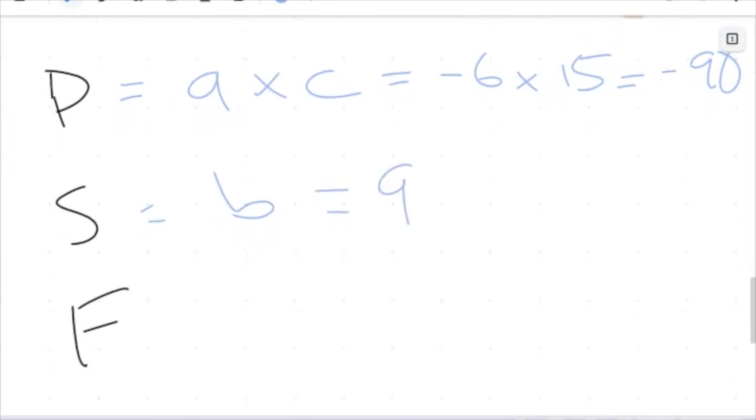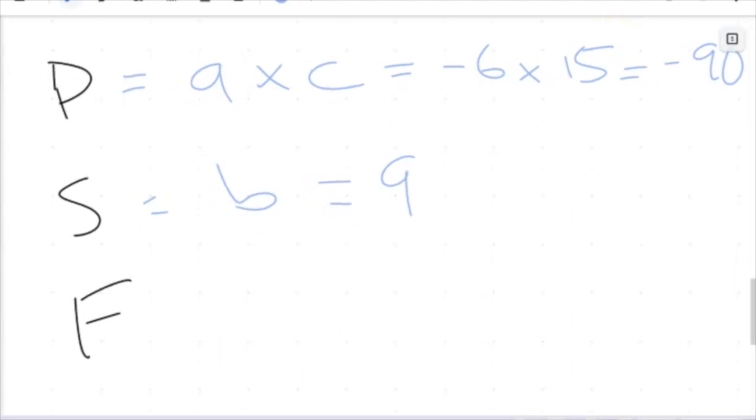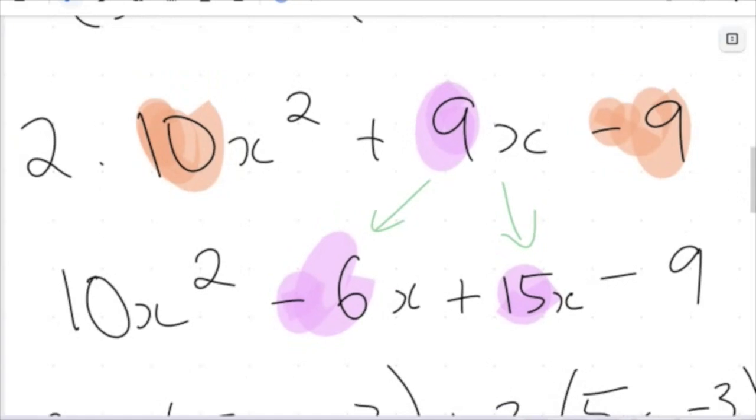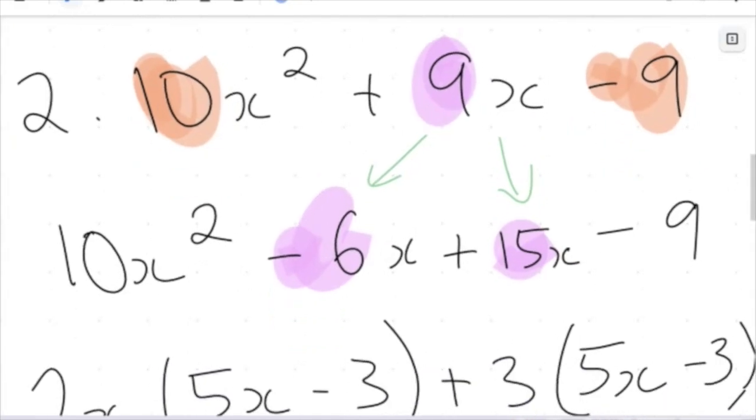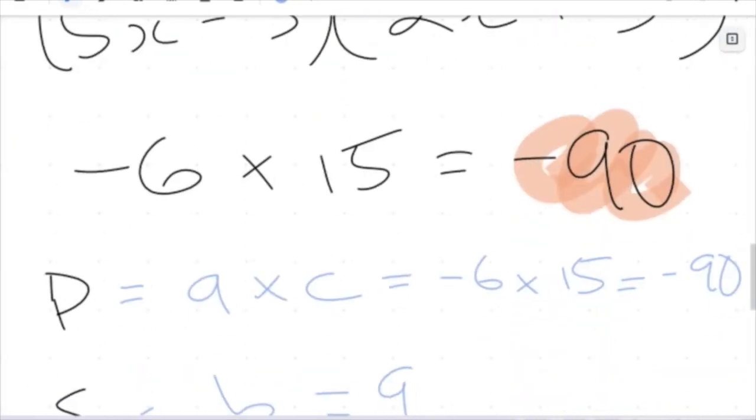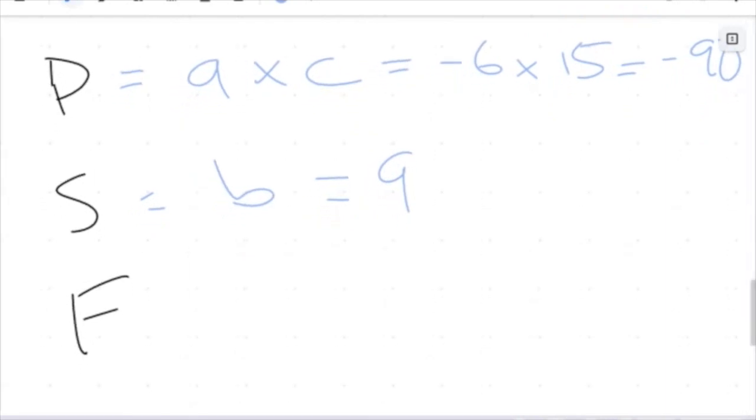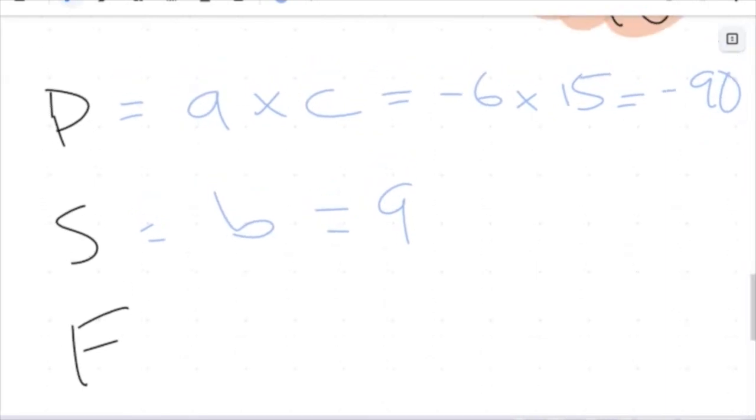And now, instead of finding two factors that multiply to give me -9 and add to give me 9, I'm instead finding two factors that multiply to give me -90 and add to give me 9. Okay, that could just be a coincidence.